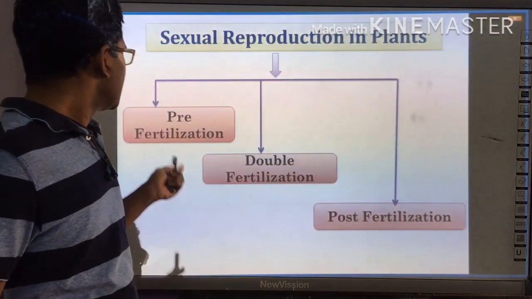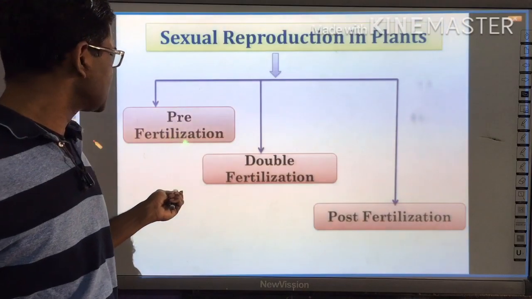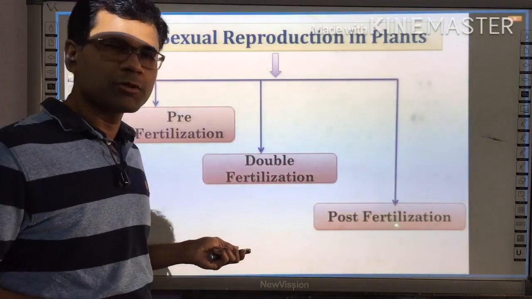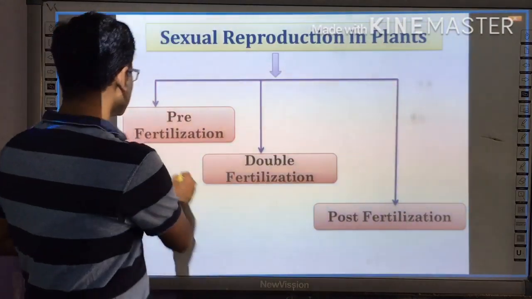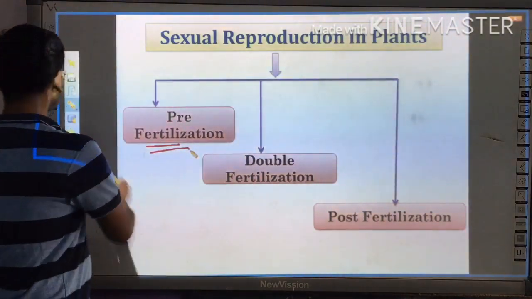Sexual reproduction in plants includes 3 steps: the pre-fertilization stage, the double fertilization stage, and the post-fertilization stage. At that time, we were purely discussing the pre-fertilization stages.